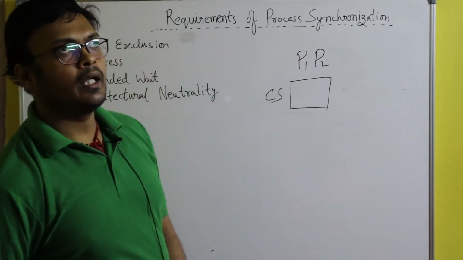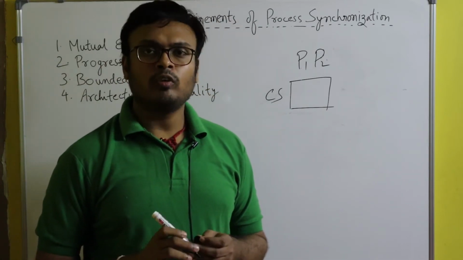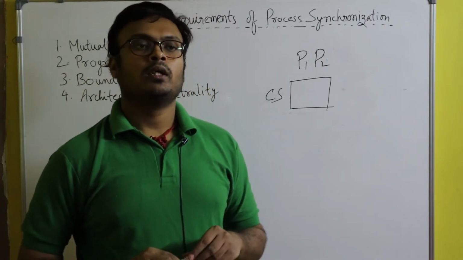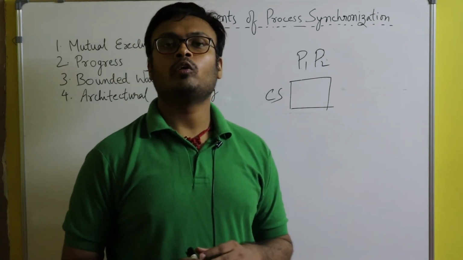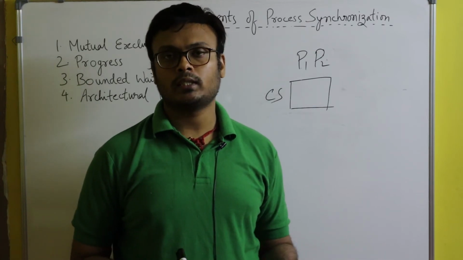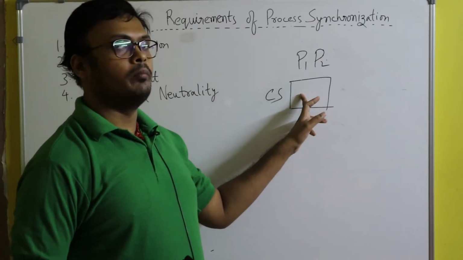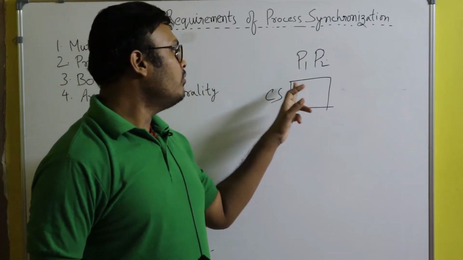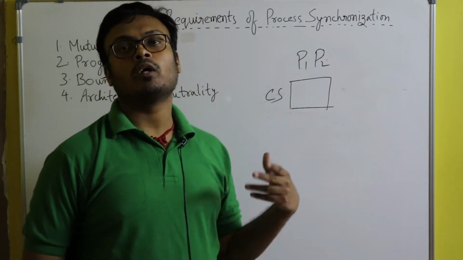It's like in our society, you will find most people will not grow, and also they will not let others grow, due to jealousy and all these things. That's the main problem here. If this happens, then we say that progress is violated.